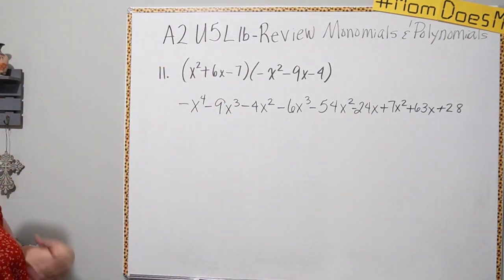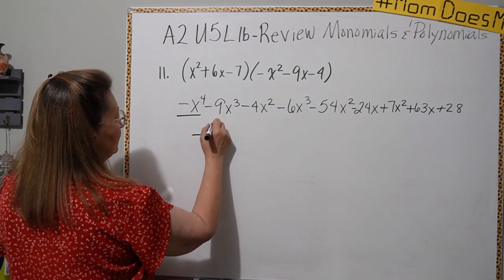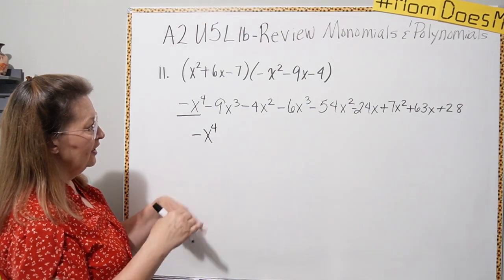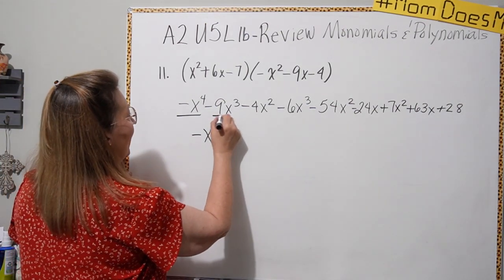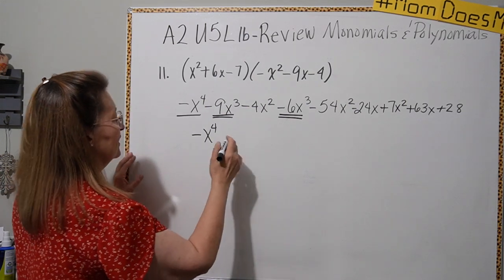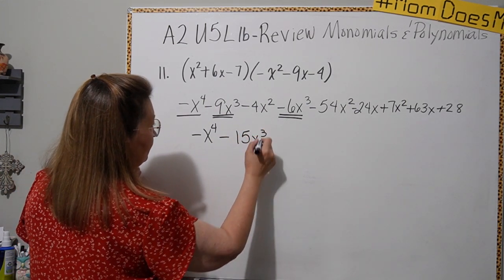Now we've got to go back and combine things. There's no more x⁴ terms, so that's all I can do with it. Now let's go down 1 to x³. I have minus 9, minus 6, so that's going to give me a minus 15x³.